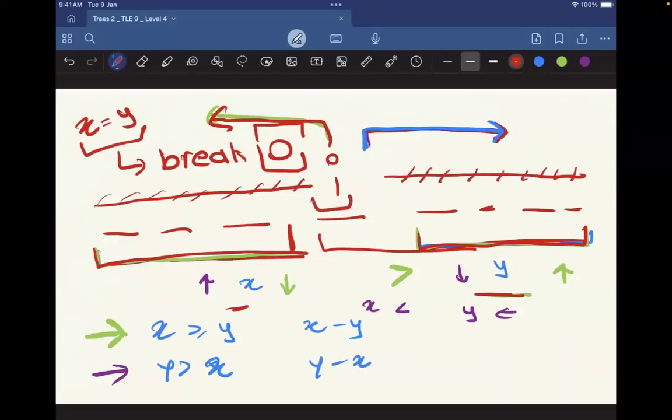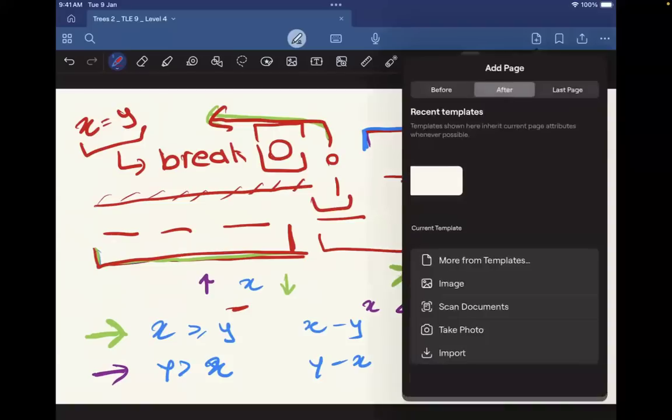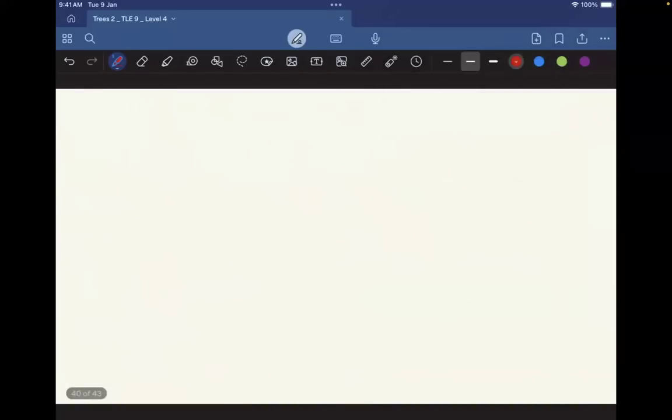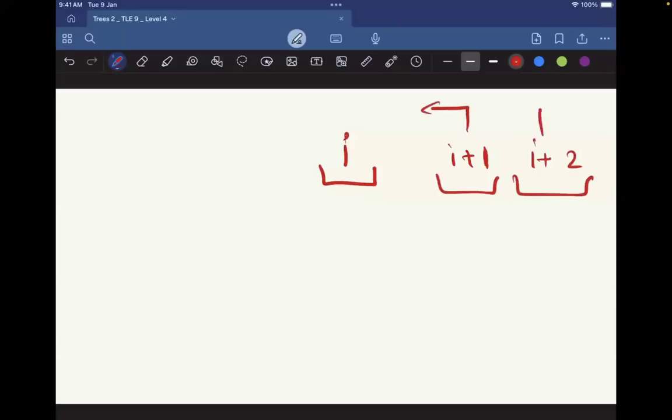Yes. For any other, let's say if this I is my most optimal, if you look at I plus 1, I know, and for I plus 2 and anything else after this, I know that I need to go left to find my most optimal answer. And similarly for I minus 1, I minus 2, I know for these cases that I need to go right to find my most optimal answer.